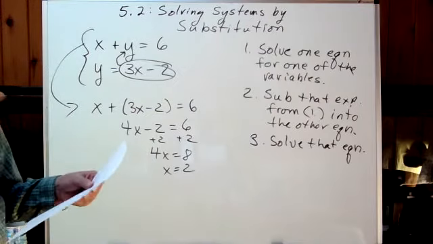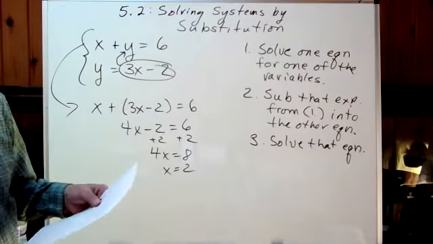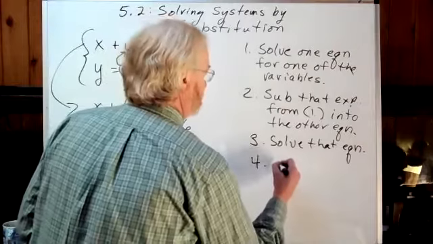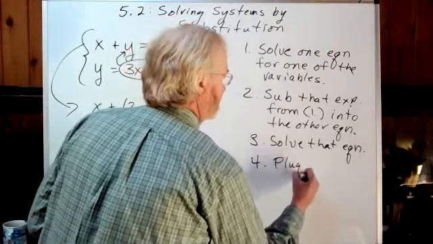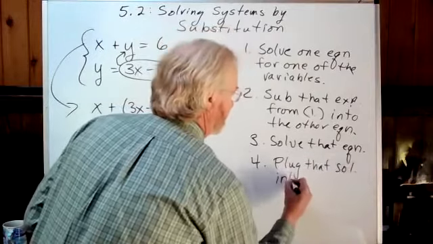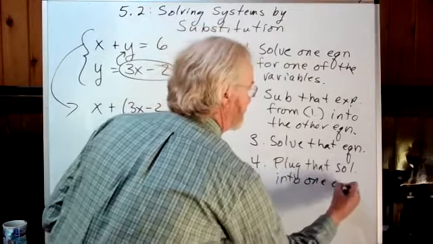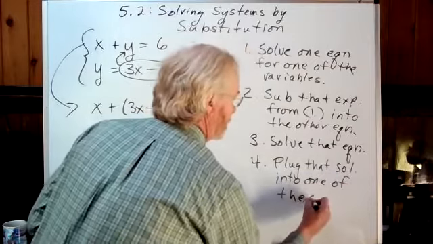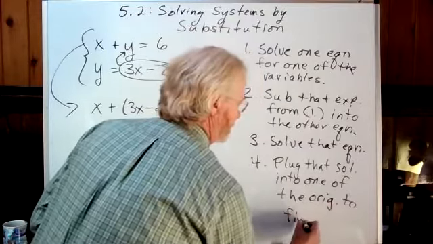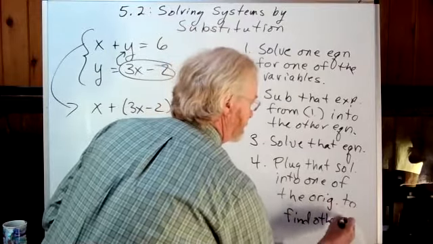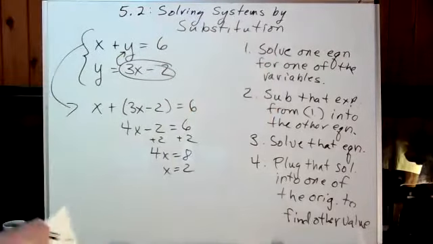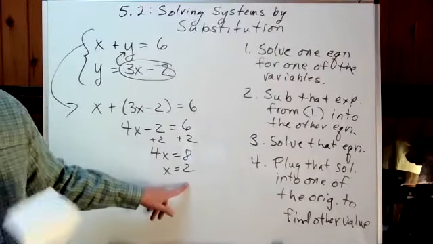And here's where 5 minutes ago I said we always have to find the other variable. Plug that solution into one of the original equations to find the other value. I have to find the Y value, right?